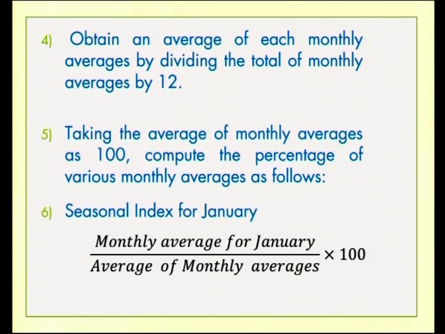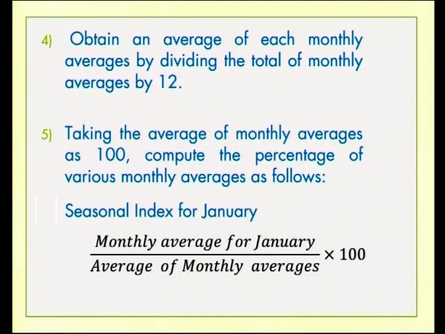After obtaining the average, obtain an average of each monthly average, that is the average of averages, by dividing the total of monthly averages by 12 if the data is expressed in terms of months. If it is expressed in terms of quarters, then you have to divide the quarterly averages by 4, whatever it may be, whatever averages you have calculated, that average of averages you have to calculate.